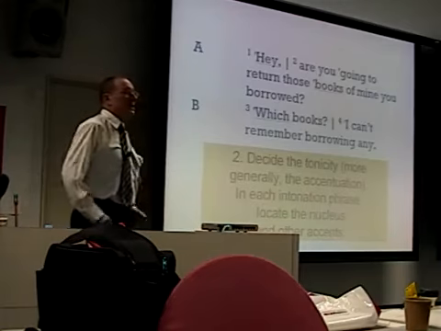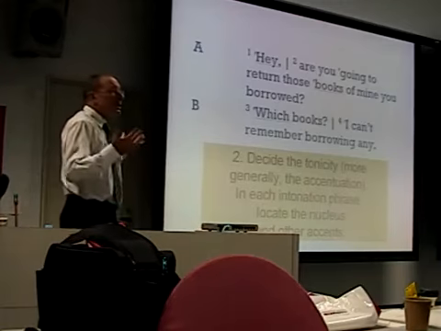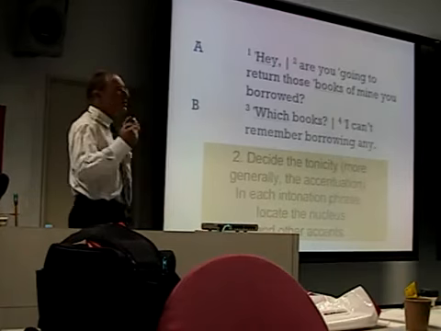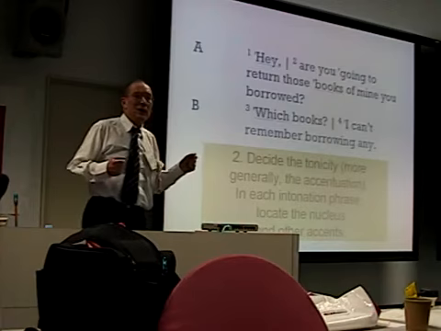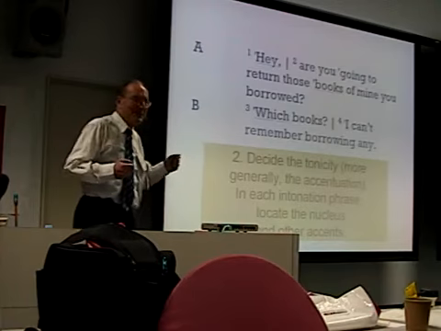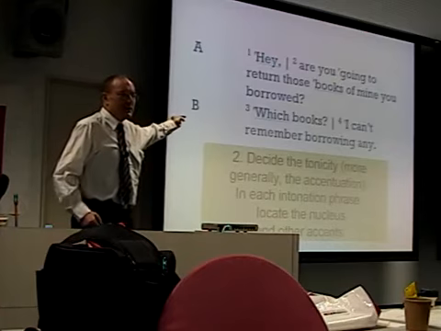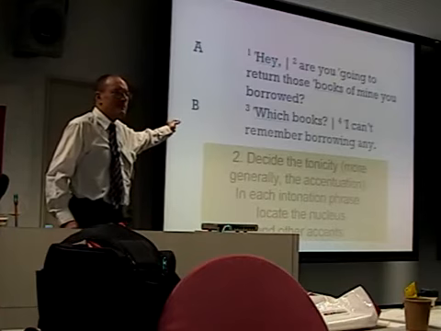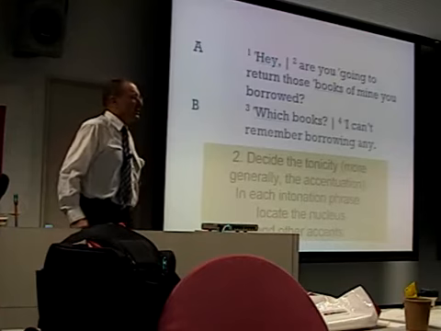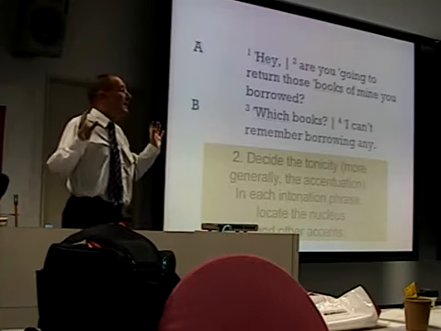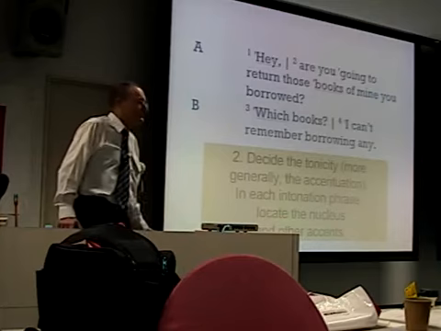Which is this? It's a yes-no question, so it's going to tend to have a rise. You're going to return those books of mine you borrowed? Now we've got another question in number 3, but this is a WH question. So a WH question is likely to have a fall.